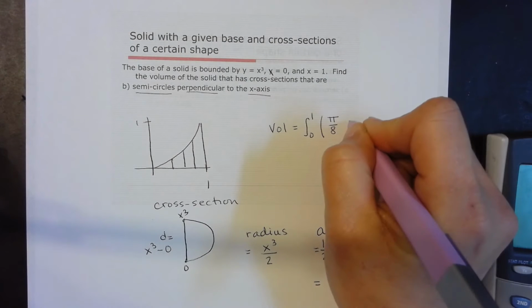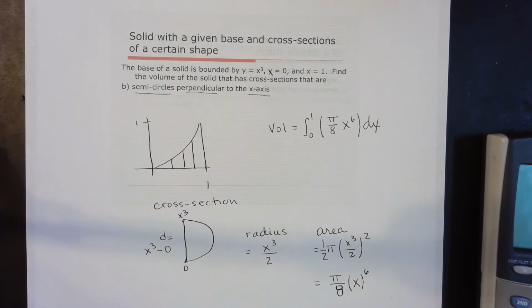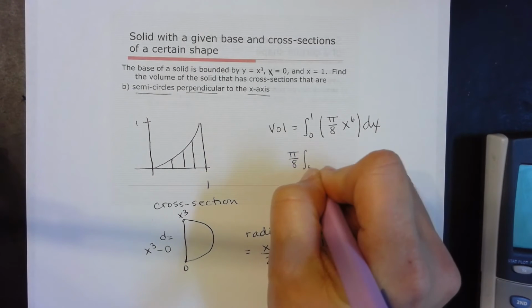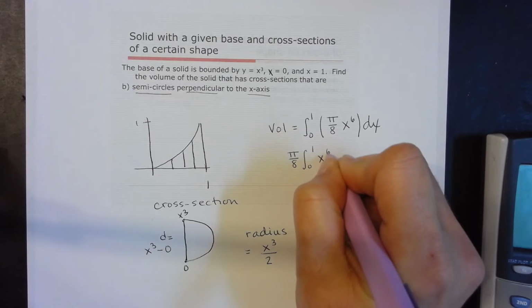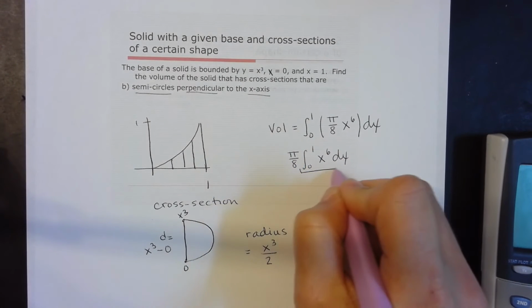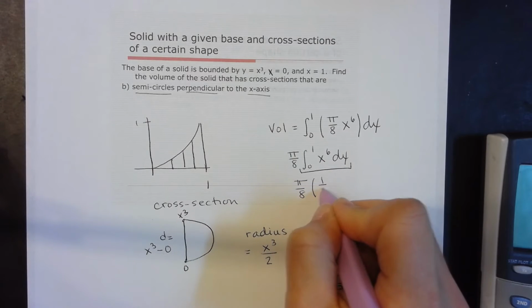The pi over 8 is just a constant. I know from my last example that this integral is one seventh. So that's going to be pi over 56.